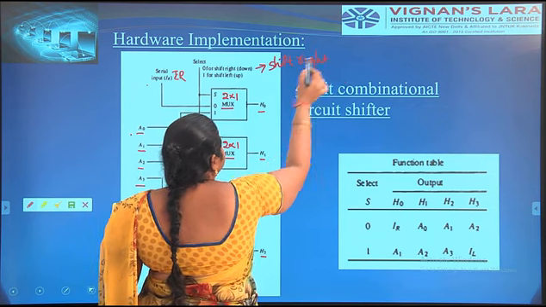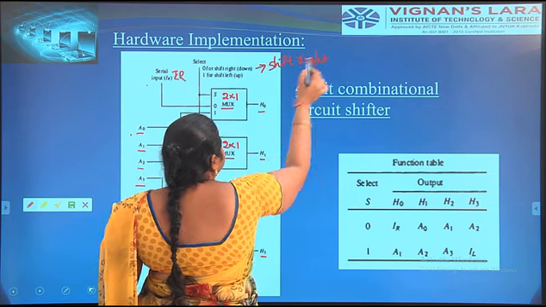Okay, here in the functional table we take 2 input lines, 0 and 1. Here we have H0, H1, H2, H3. These are the outputs for this combinational circuit, the hardware implementation of the shift micro operation. Okay, this is about the circuit.